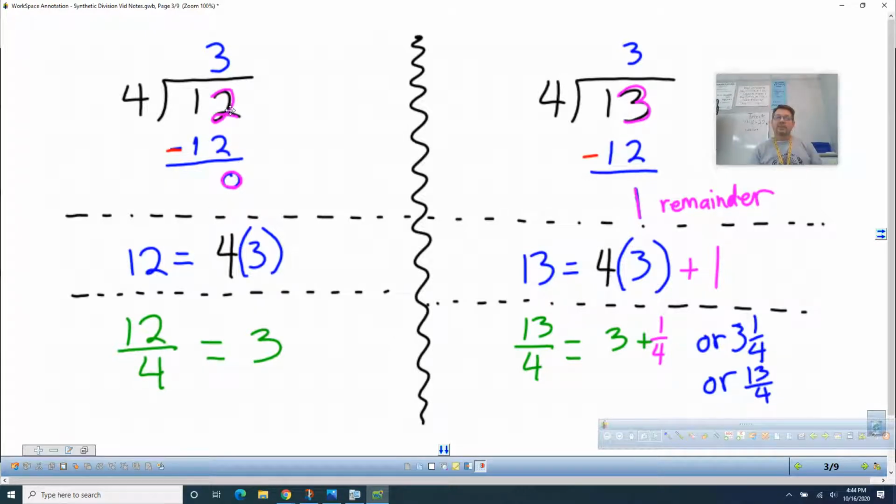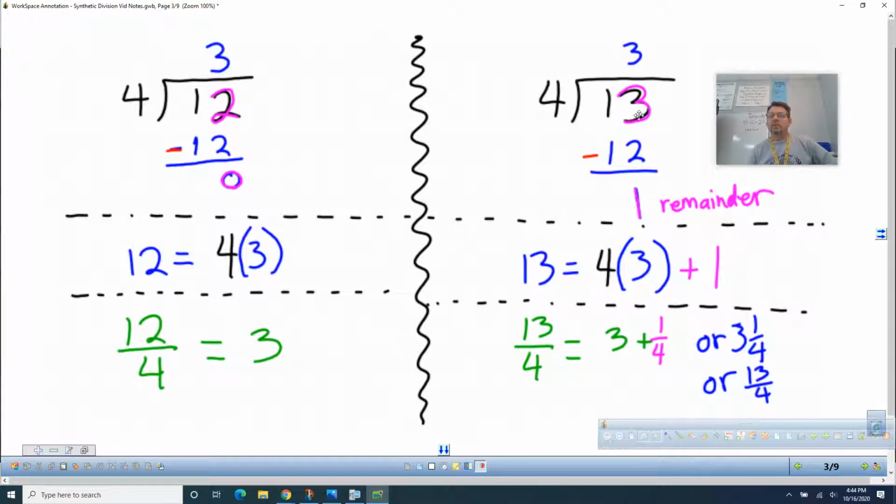The dividend is equal to the divisor times the quotient. Or I could say the dividend over the divisor is equal to the quotient. That's one way you could do that, whether that's polynomials or not. Those are the different pieces that you would do.